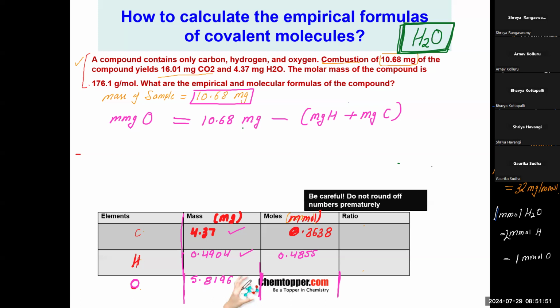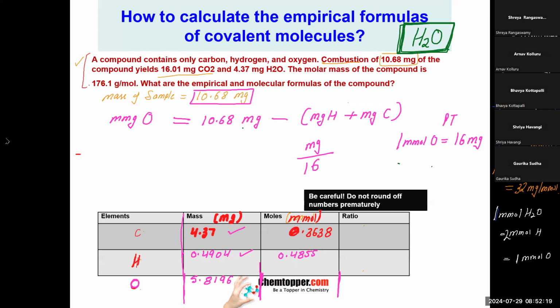So how many millimoles of oxygen, Gorika? You have the milligrams, and you know that 1 millimole of oxygen is 16 milligrams. Use the periodic table. So you just divide your milligrams of oxygen by 16, right?